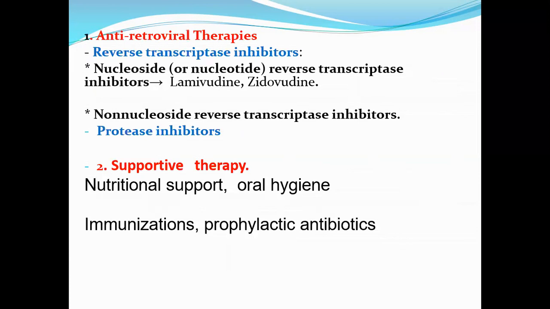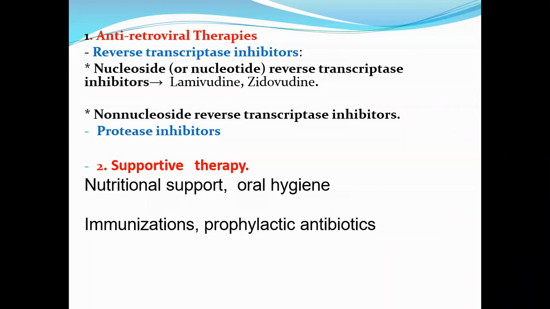We have many antiretroviral therapies. We summarized only the most common groups, with an example of each one. The first group is called reverse transcriptase inhibitors, and these work on the reverse transcriptase that we mentioned, which is involved in forming the new DNA.